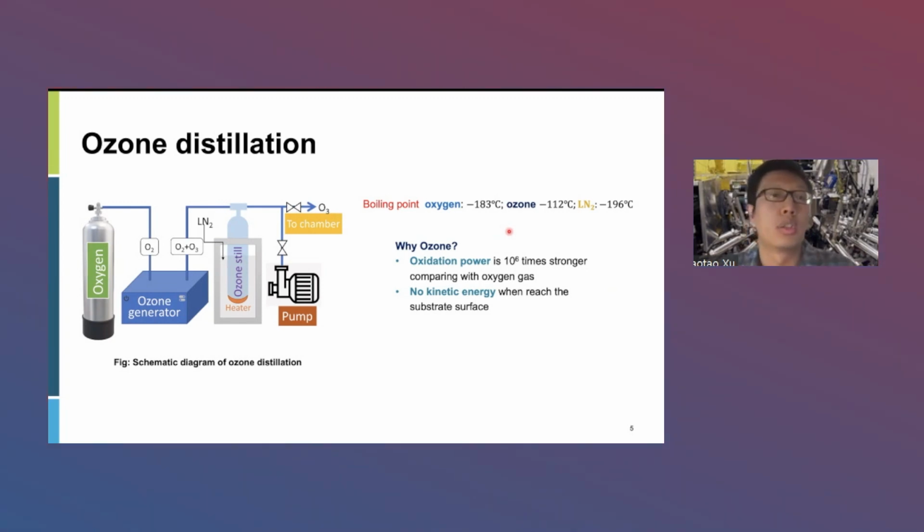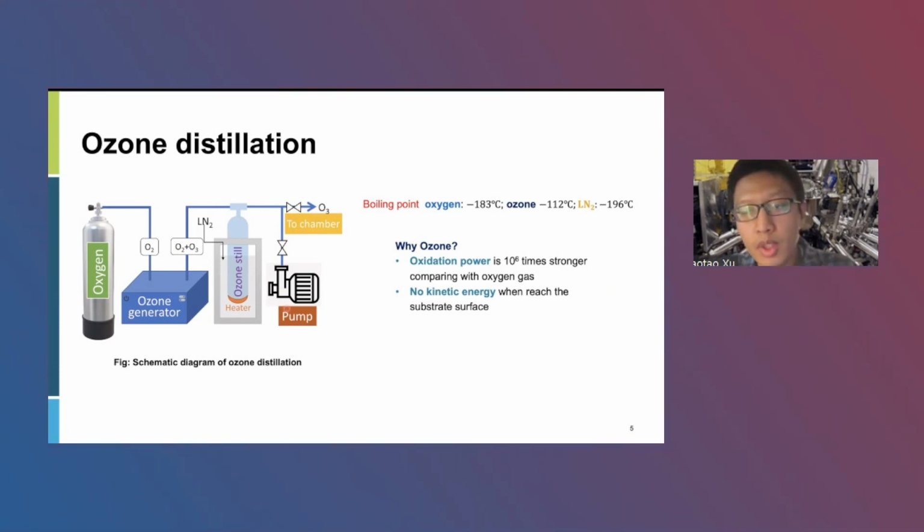The mechanism is shown in the left plot. We can see that the oxygen and ozone gas, once they are generated from the ozone generator, will be cooled down in the ozone still by liquid nitrogen. At a proper temperature, only ozone will be liquefied and condensed and stored in the ozone still, while the residue oxygen gas will be pumped out.